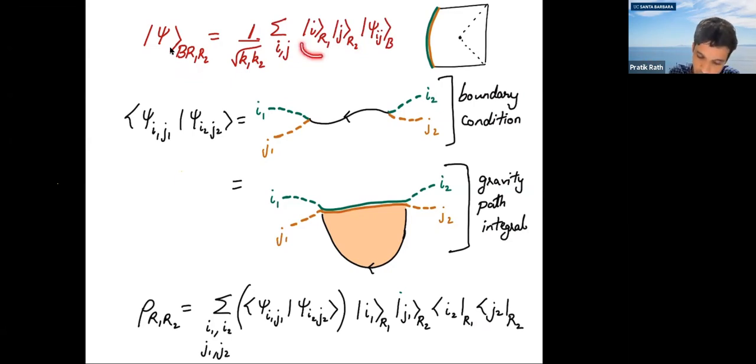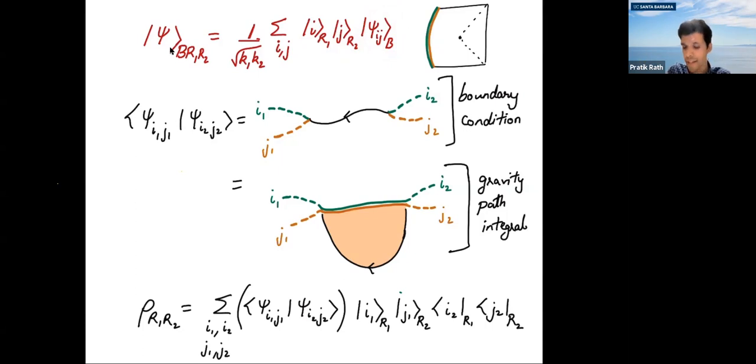But what we do is couple the state such that we have an entanglement between ij, which are the radiation indices, and psi ij, which is the state of the black hole with the branes being in flavor index ij. So we introduce some flavor indices for the brane, which are entangled with the radiation.